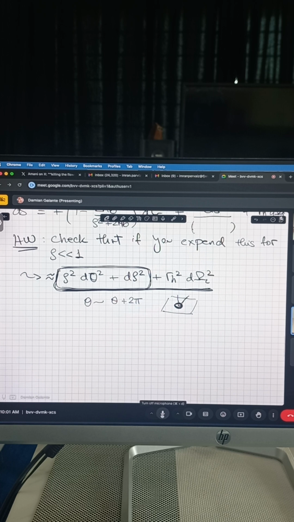Okay, so the idea is that in order for this to be a regular metric close to rho equals 0, theta has to have periodicity 2 pi. Again, I'm sure that on the whiteboard this will be much more clear, so apologies for this, but believe me. And so now we should go back.